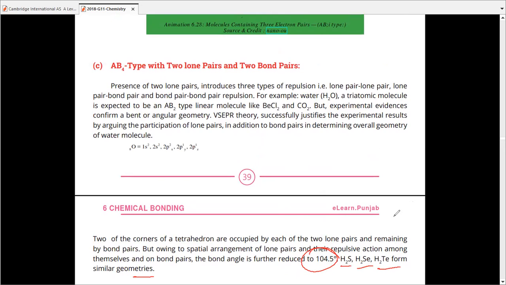Okay, let's work in another way. Remember, we had a name of a structure that was trigonal bipyramidal, right? And the example in the book was PCl5.